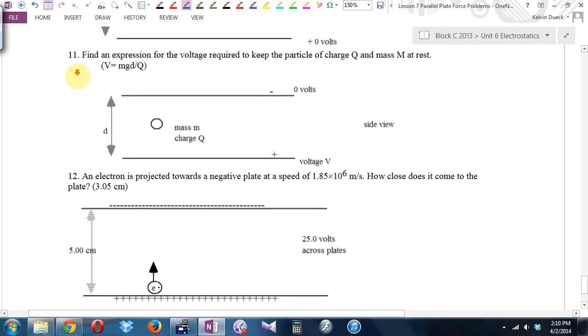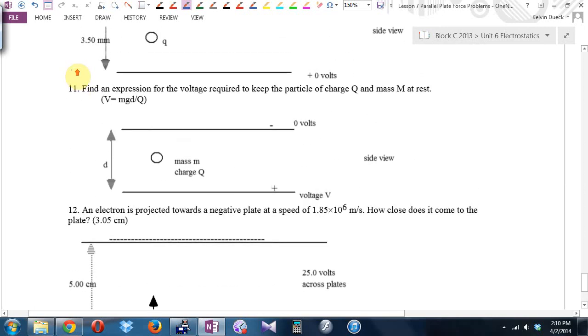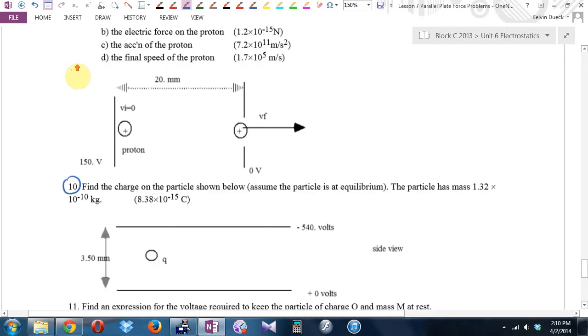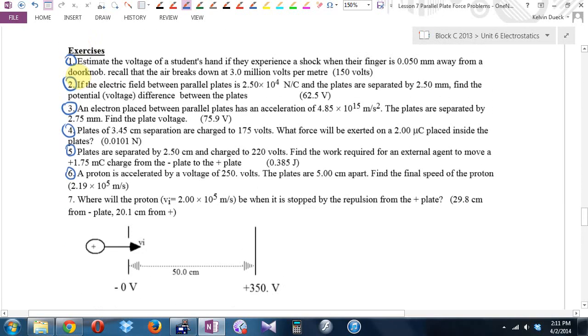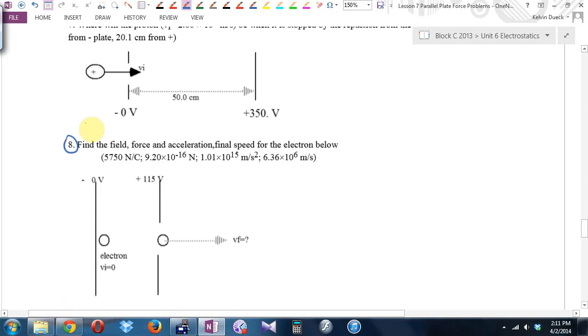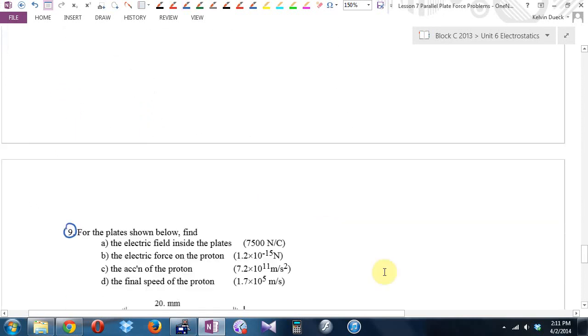Let me just see here. 11 we did in our notes. I'm going to skip that. 1, 2, 3. Okay, let me see here. Nuke number 2. Although you got lots of time, too, to work on this. Got a couple of videos to show you.